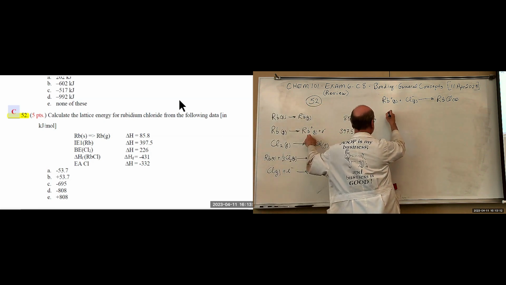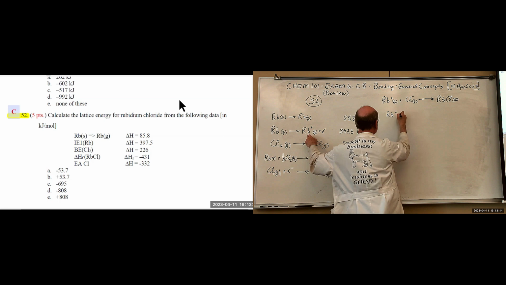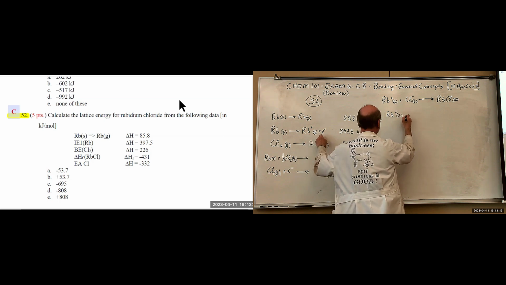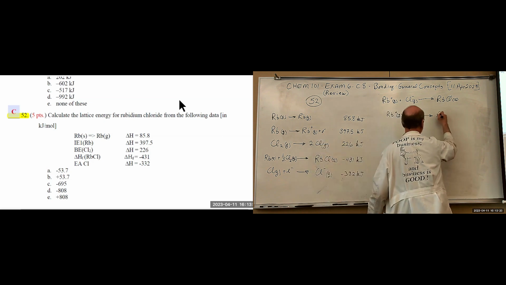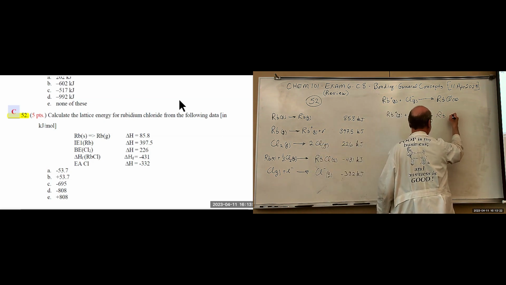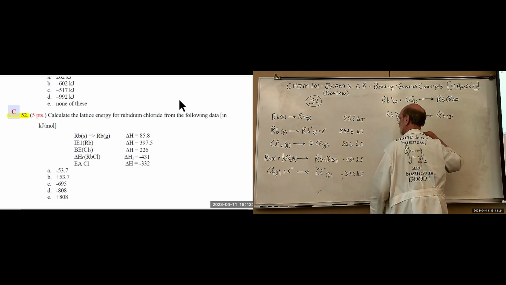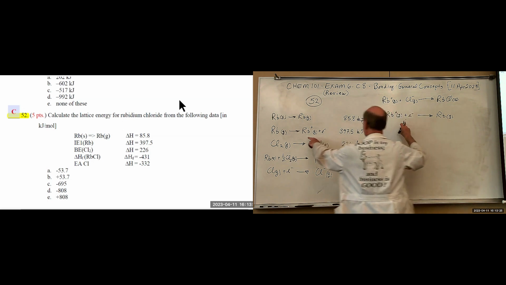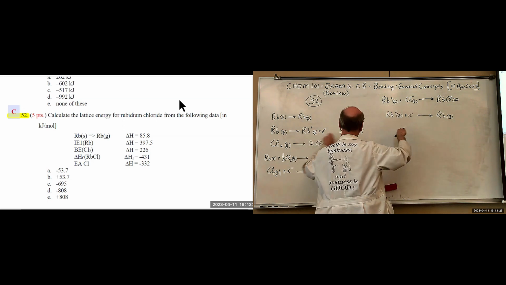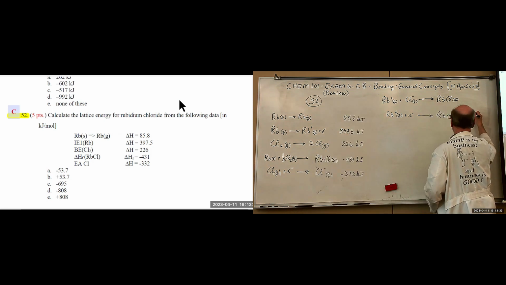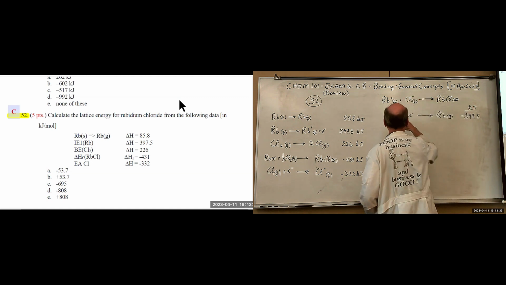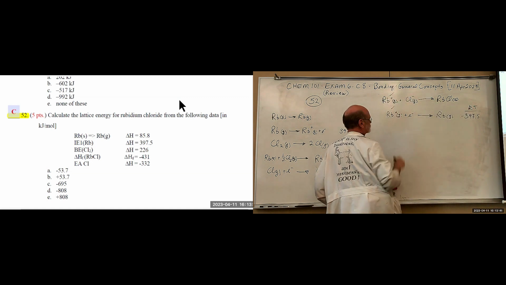So if we put this one up here, rubidium plus as a gas, plus an electron yields rubidium atoms as a gas, and that's reversed. So we have to change the sign, -397.5 kilojoules. Okay. So we got this one and this one.